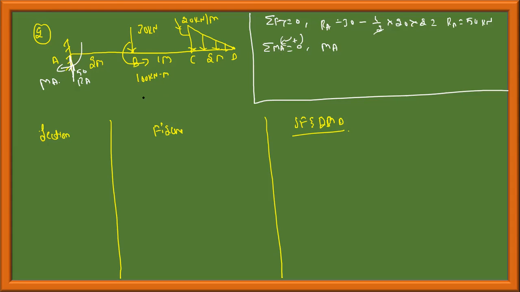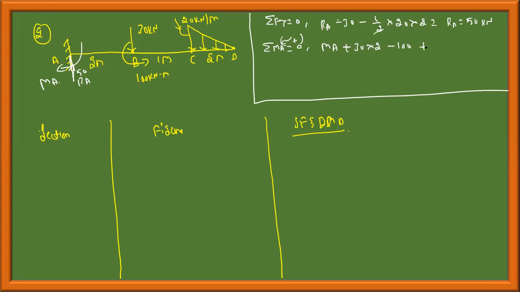MA is clockwise, positive. Plus 30 into 2. This is a counterclockwise moment, minus 100.